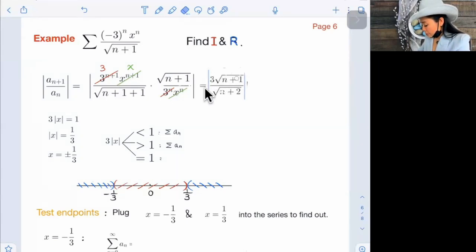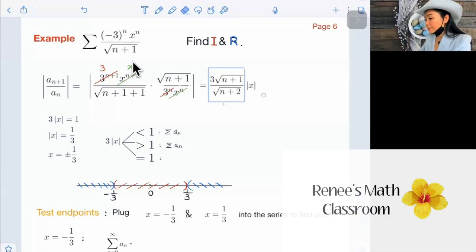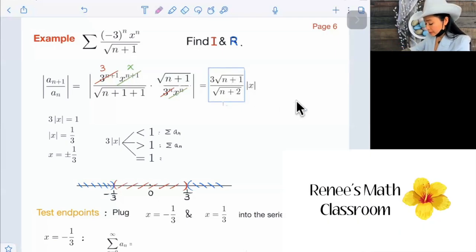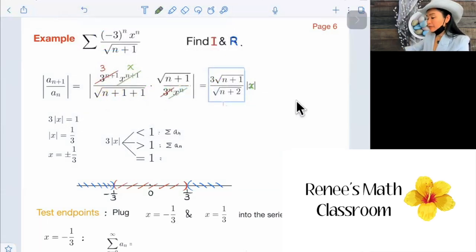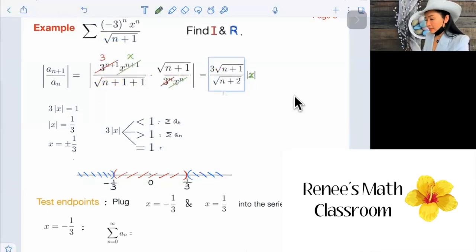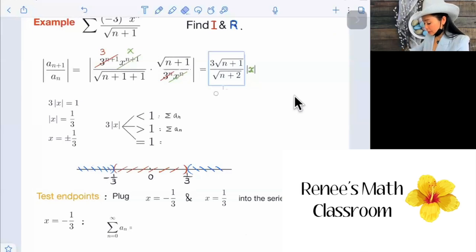And which part here is not necessarily positive? The x. X is the only one that's not necessarily positive. So we're going to keep the x here inside this absolute value, right? Okay, good. And then the other part here is always positive.